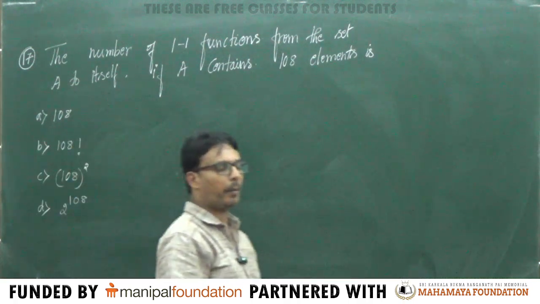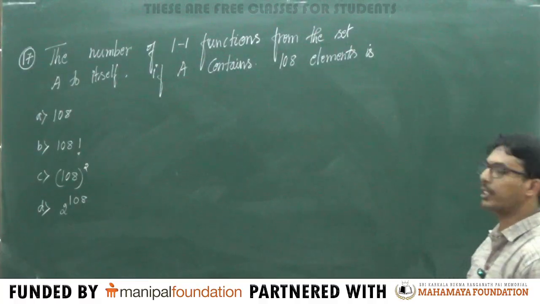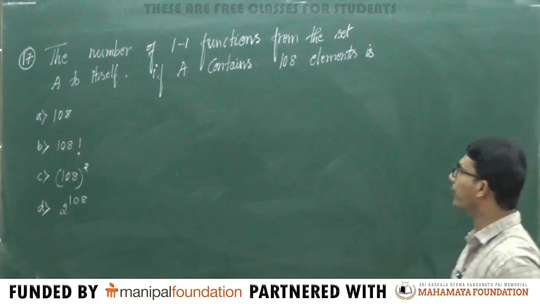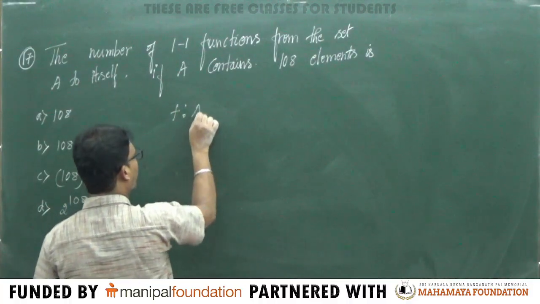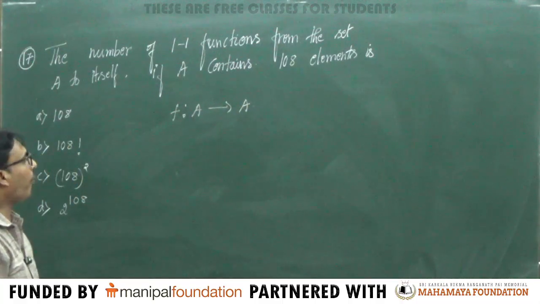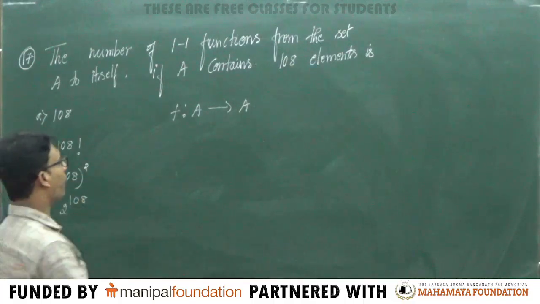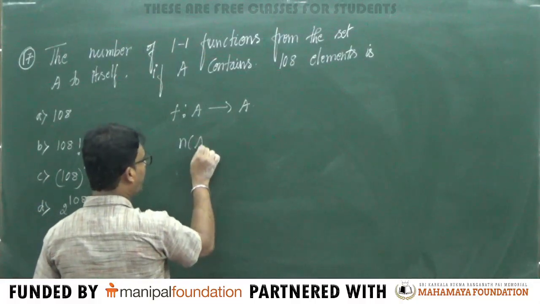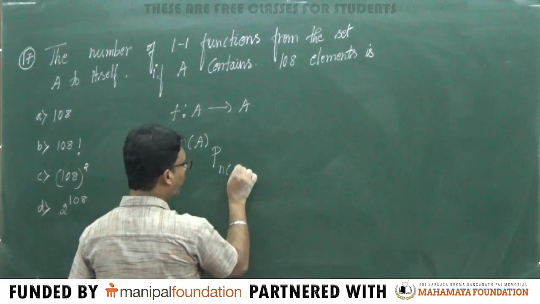So the problem is asking to find the number of one-one functions. One-one function means injective function. They are defining the function f from the set A to itself, from A to A. Then the formula to find the number of one-one functions from the set A to itself is the number of elements in the codomain P the number of elements in the domain.